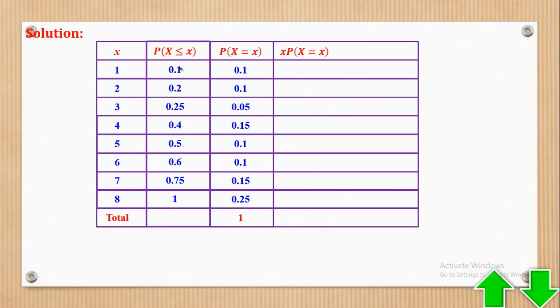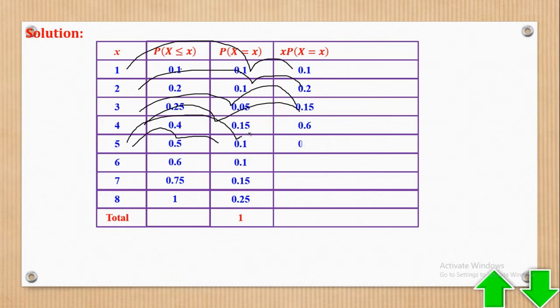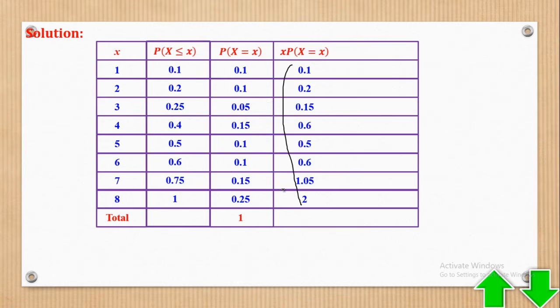So xpx means that we multiply each x with its probability to give you that, and we continue down the column until lastly this with this gives you that. So when I add all these values, I'll come up with that.